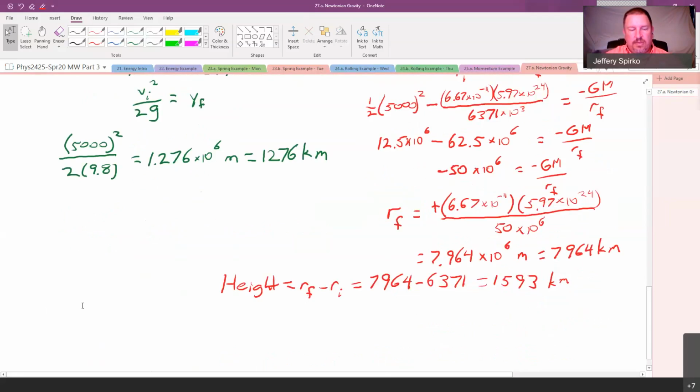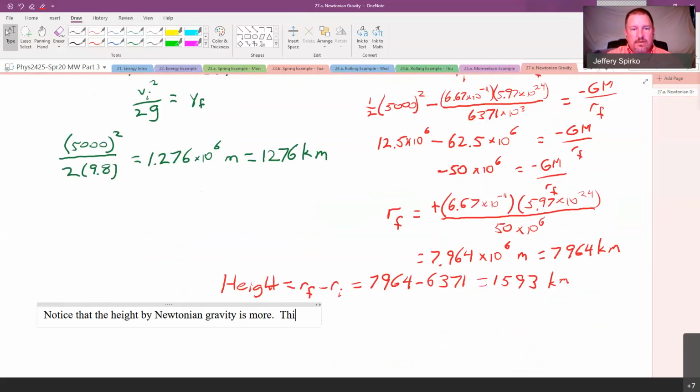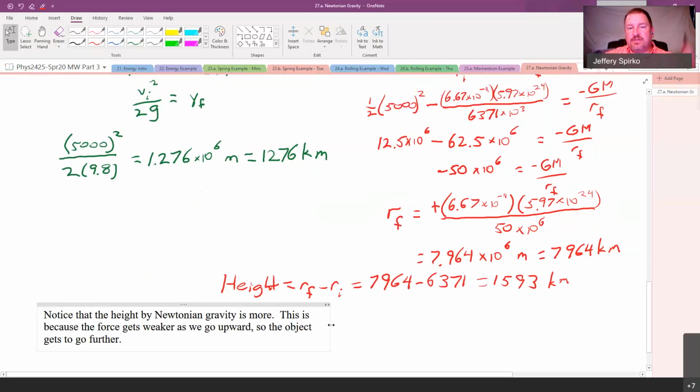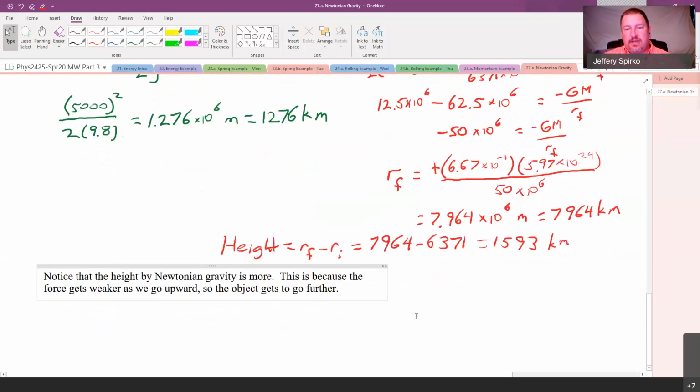So the height that we predicted using Newtonian gravity is actually more. And that's because the force is getting weaker and weaker as you get further away, so your object gets to go further. Let's calculate the a final.